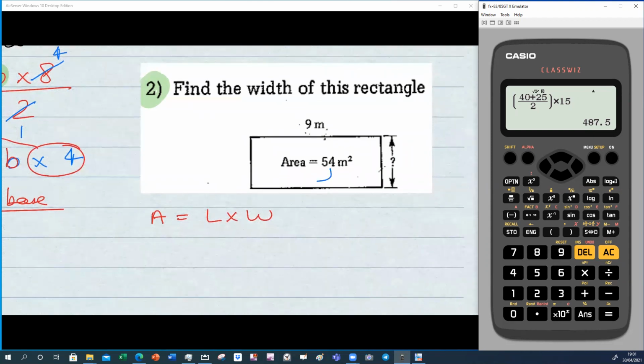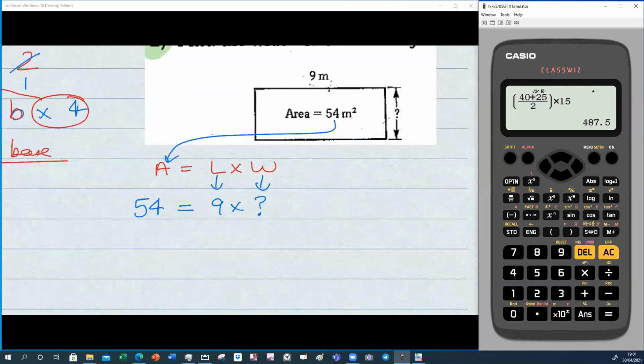So what goes into the A? 54. Okay, what goes for the L? 9. And what do you put for the width? 6, question mark. Question mark, because we don't know what it is at the moment. How do you work out the question mark? You do 54 divided by 9.